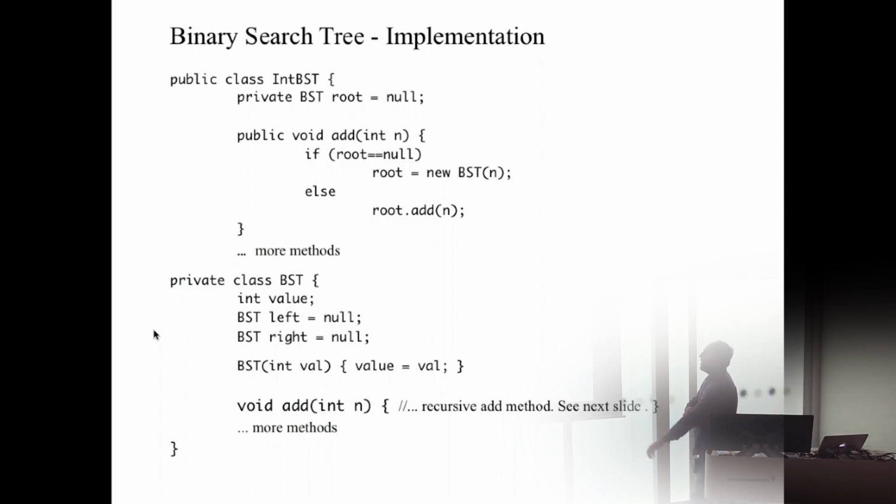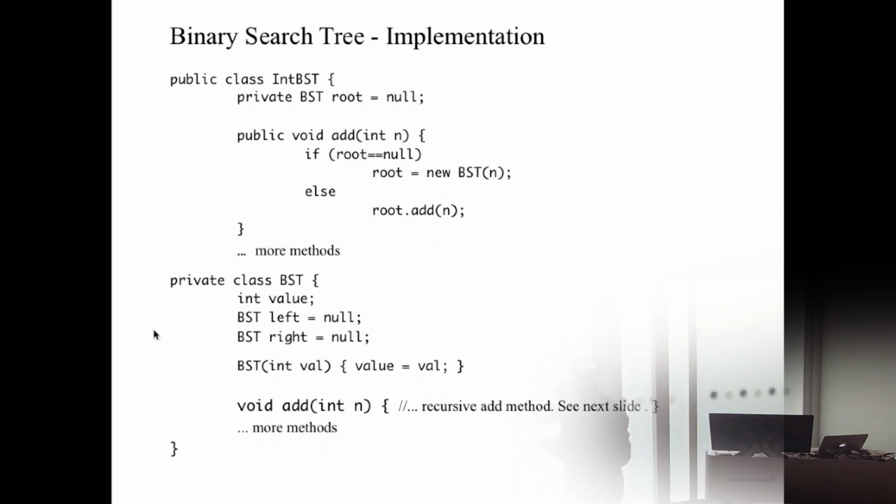The simple thing is, if it's a binary search tree, I've created an example class with the name IntegerBinarySearchTree. Similar to the linked list, where we have a class modeling the overall linked list and then a node class implementing individual nodes, the same is here.